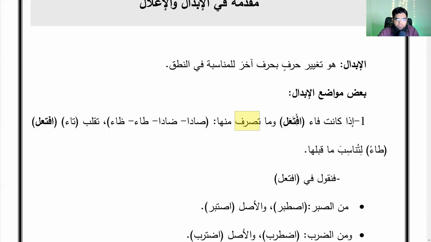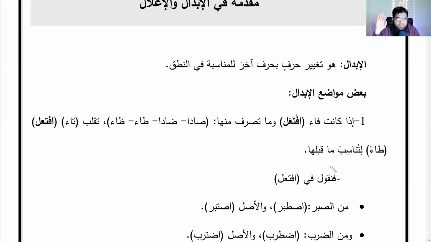So if the fa of the iftala and whatever is conjugated from it is sad, dad, ta, dha, these are 4 letters, and they will be changed to ta, tuqlabu ta'an. The ta of ifta'ala will change to ta. لِتُنَاسِبَ مَا قَبْلَهَا, so that it is appropriate to what comes before it.